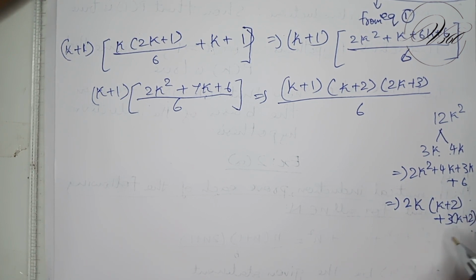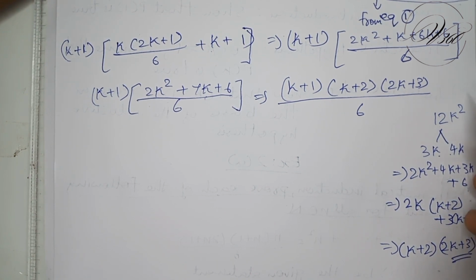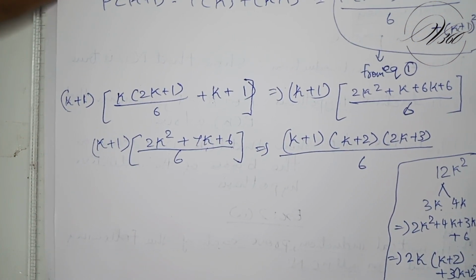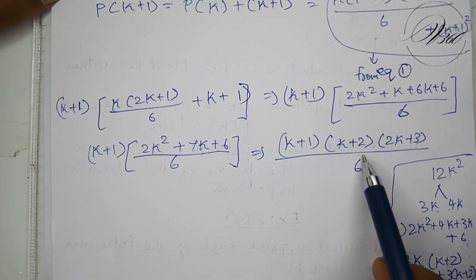Now here I will get the total answer (k plus 2)(2k plus 3). This is the answer for this quadratic expression. I have applied it here.